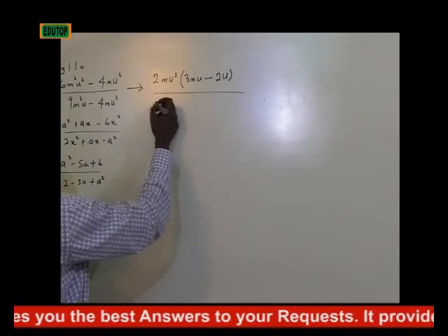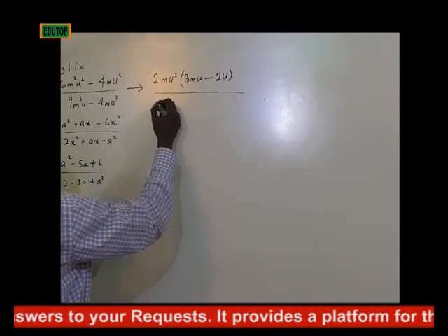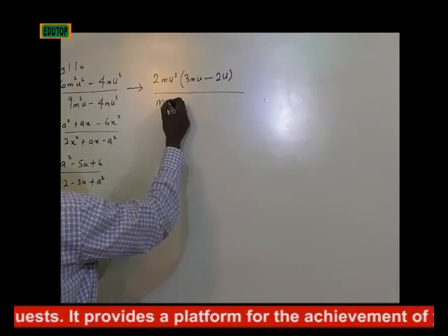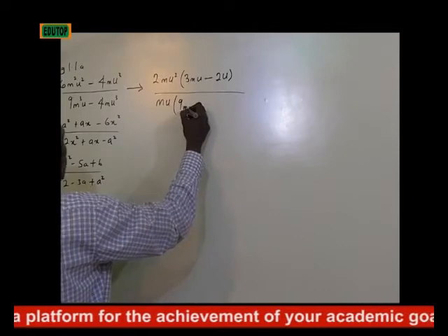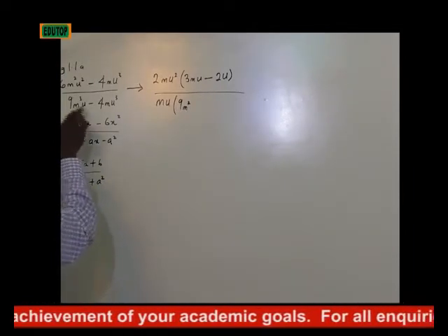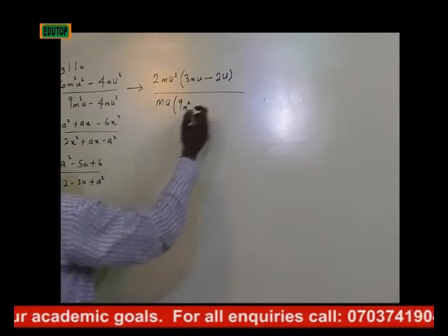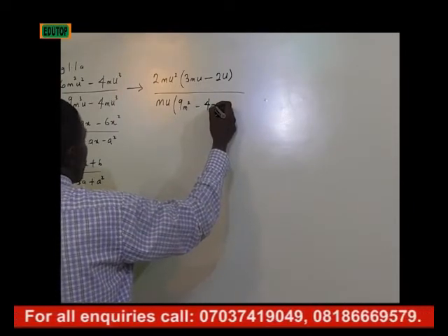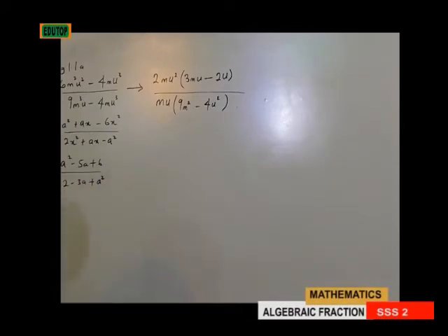So if I bring mu out of this, then I will have 9m squared. Here, mu out of this, I will have 9m squared. Then mu out of this, I will have minus 4u squared. So that is what I will have.